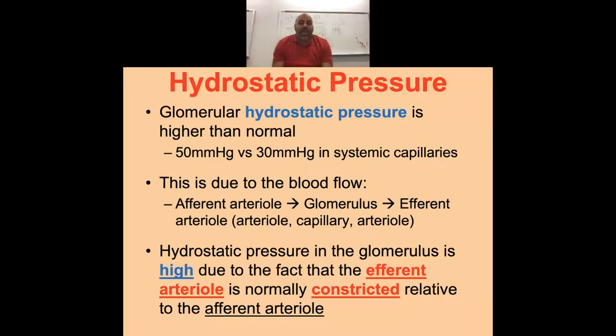By doing so, the glomerulus sees that extra pressure. So typically, afferent is dilated and efferent is constricted. We can regulate it, we can change it.